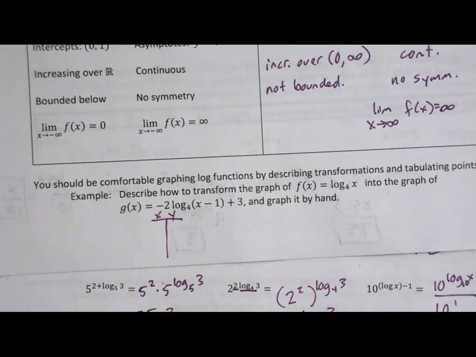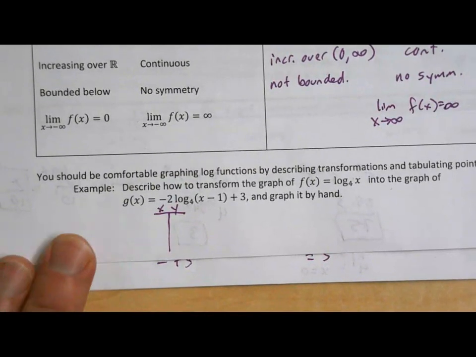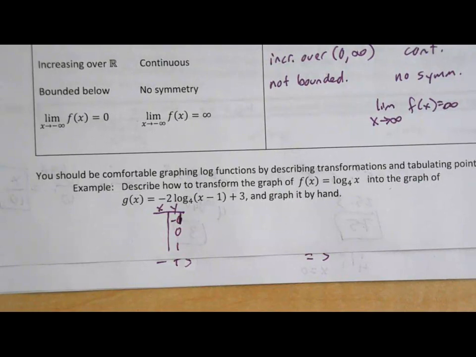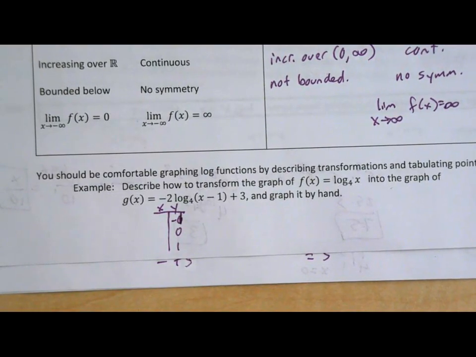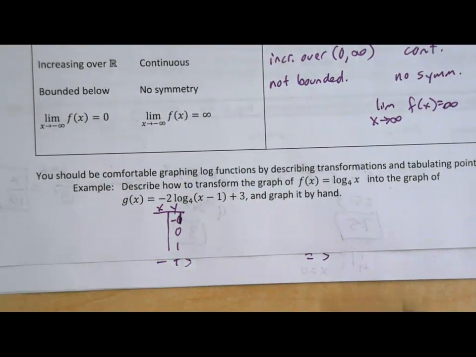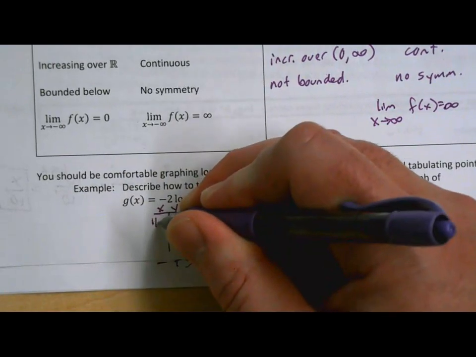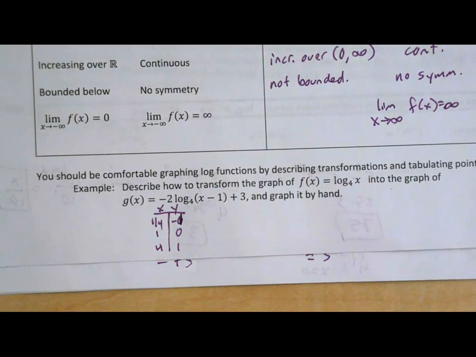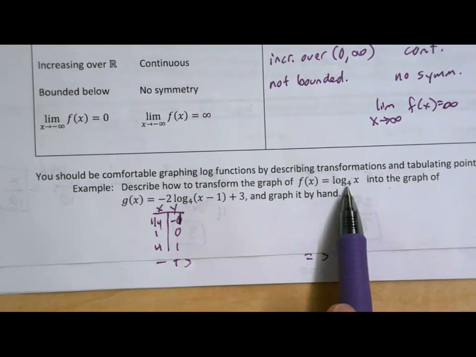Yep. If I asked you to tabulate and graph this by hand, what would you use for your parent points? Let me show you what you would use for your parent points. You would use -1, 0, and 1, but we're actually going to put those in the y values this time. -1, 0, and 1. Yep, and this would be 1/4 and 1 and 4, because it's a base of 4.